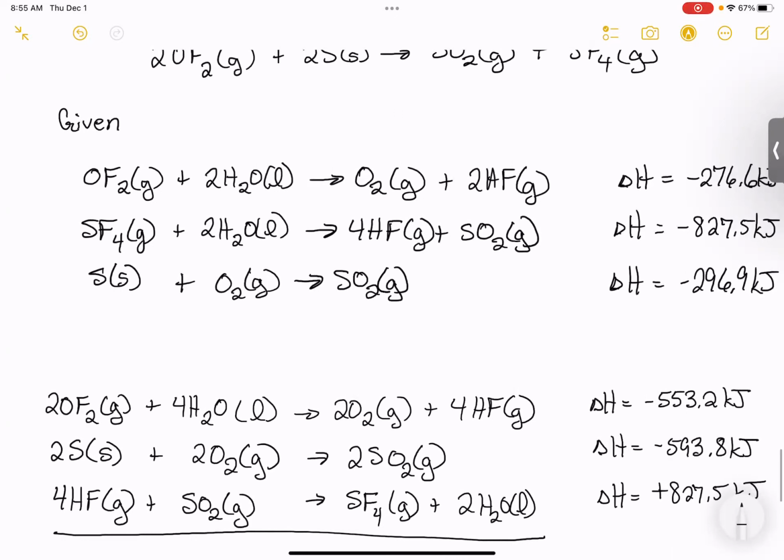Doesn't make sense. That's the problem. Now it's balanced.